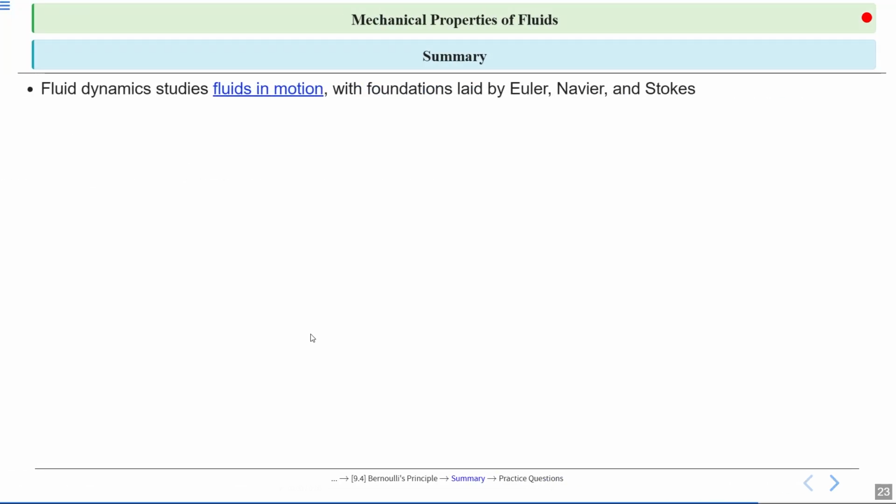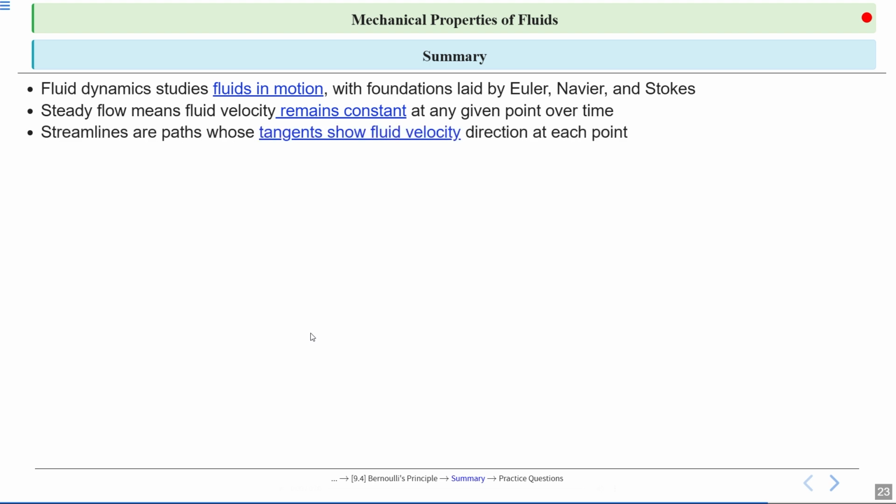Now let's summarize what we have studied so far in this lecture. Fluid dynamics studies fluid in motion with foundations laid by Euler, Navier, and Stokes. Steady flow means fluid velocity remains constant at any given point over time.